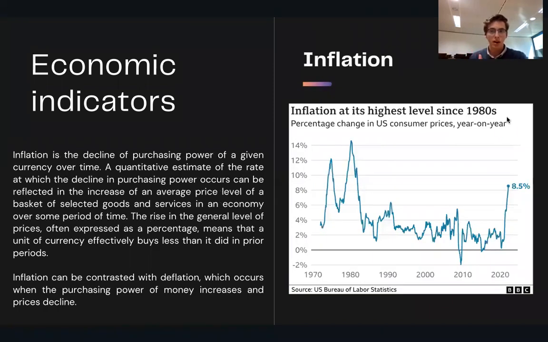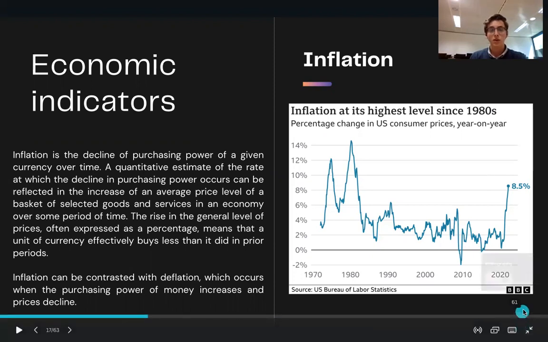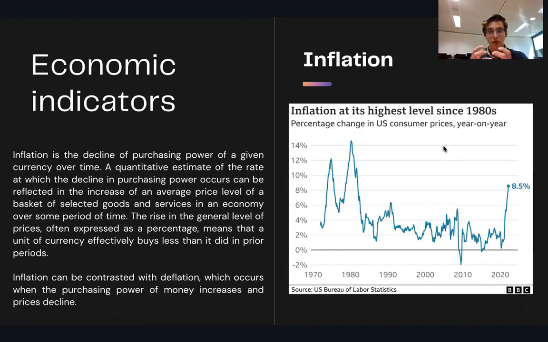But right now, the most interesting indicator is inflation. As we can see, since the year has started, inflation has risen not only in the United States but in the whole world, creating this kind of crisis that right now doesn't have very deep effects on the economy, but it's threatening our system.